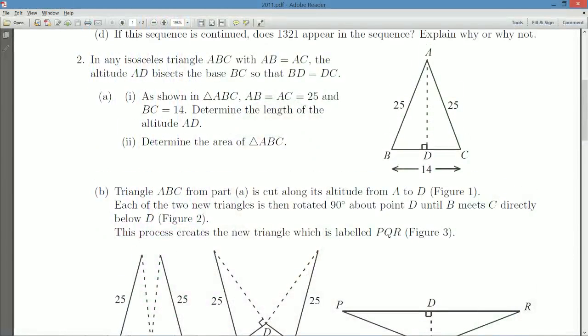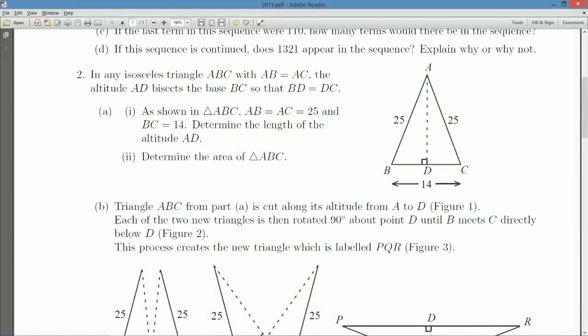Alright, question 2. In any isosceles triangle ABC, with AB equal to AC, the altitude AD bisects the base BC, so that BD equals DC. So this is just a basic isosceles triangle fact that we can use. Part A, we've got two things to do here.